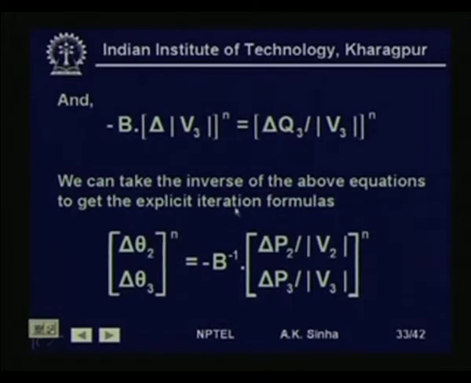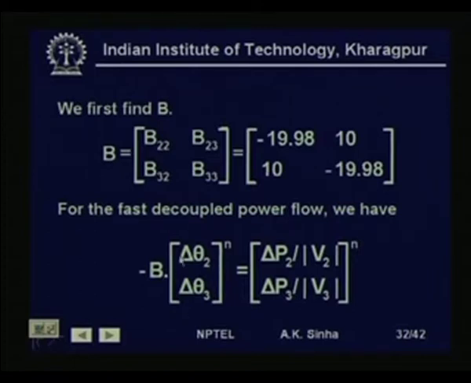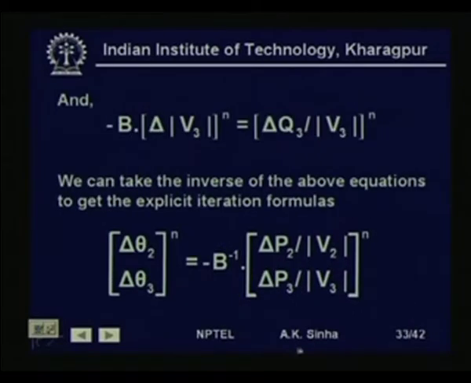Now, we can take the inverse of the above equations, that is, we can solve this by using minus B inverse into this, which will give me this, and similarly minus B inverse into this will give me this. That is, delta theta or delta delta, whatever you write, at nth iteration is equal to minus B inverse into delta P by V at nth iteration.